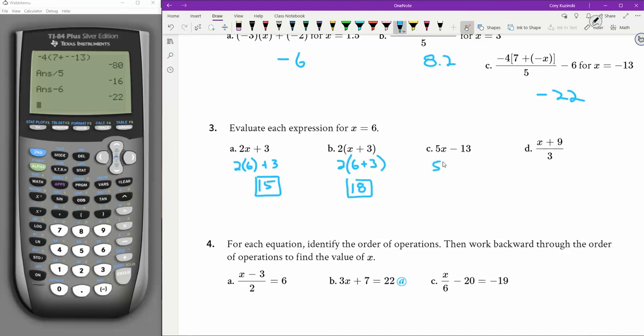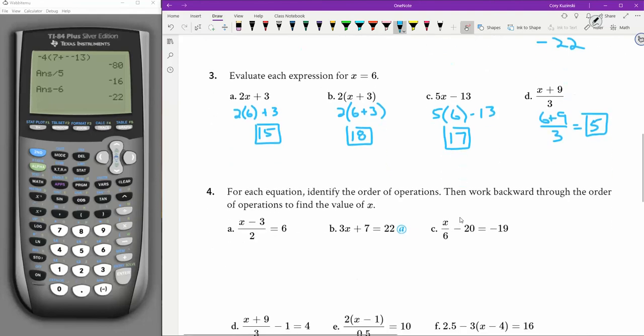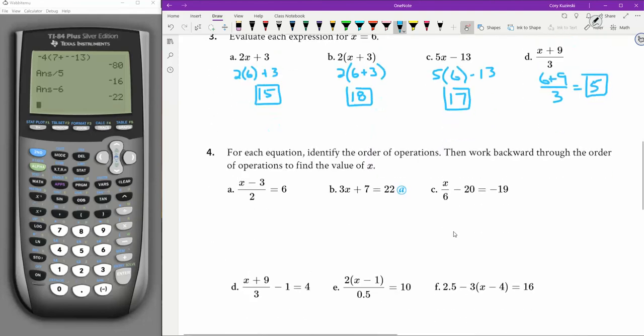This one, we're multiplying 6 times 5, which is 30, and subtracting 13, which is 17. And in this one, we're doing 6 plus 9, which is 15, and then dividing by 3, which is 5. If you want to take time to check those on the calculator, go ahead. Maybe you'll find a mistake. I'm going pretty fast right now.